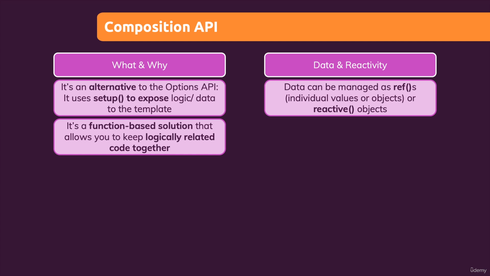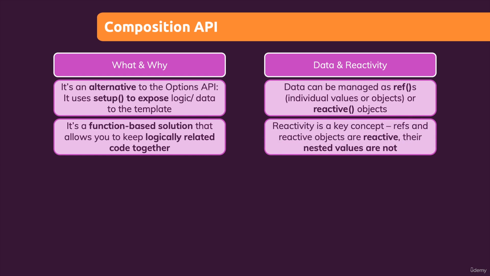And here we can manage data as refs, so as individual values or an object which is in a ref, or we use the reactive function to create reactive objects. I talked about the differences and how to work with these values in great depth throughout this module. Reactivity is a key concept, and one of the most important takeaways really is that you can create reactive refs or objects, but that their nested properties are not necessarily reactive, as I also emphasized throughout this module.